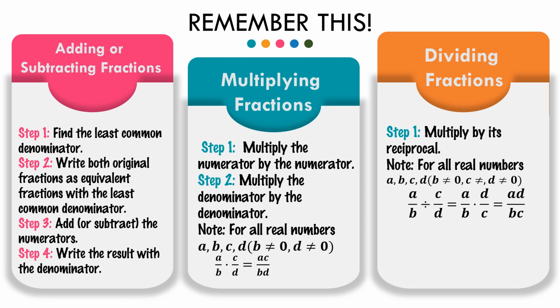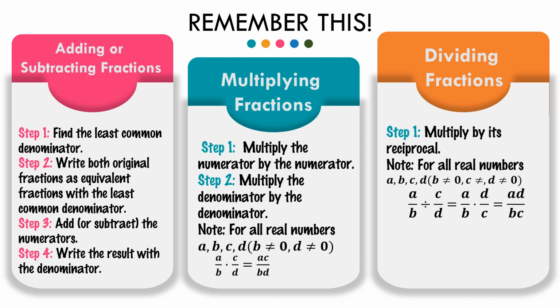And lastly, dividing fractions. To divide fractions, we multiply by the reciprocal, meaning we invert the second value, which in this case is C over D, so that it becomes D over C, and then we multiply A times D and B times C. So we will have AD over BC.